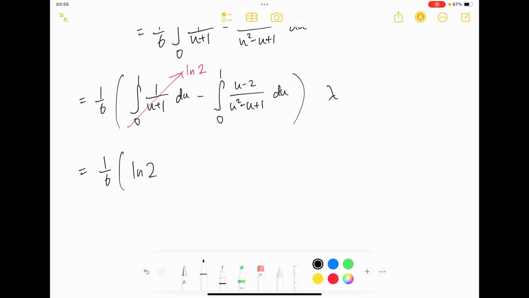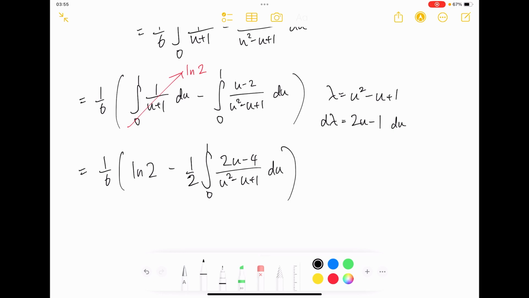If I do lambda equals u squared minus u plus 1, d lambda will be 2u minus 1 du, right? And then the thing is, I don't have that at the top. How do I achieve that at the top? Well, I'm going to multiply by 2 and then divide by 2. So the divide by 2, I'm going to put that out front, multiply the numerator by 2 to compensate for that.